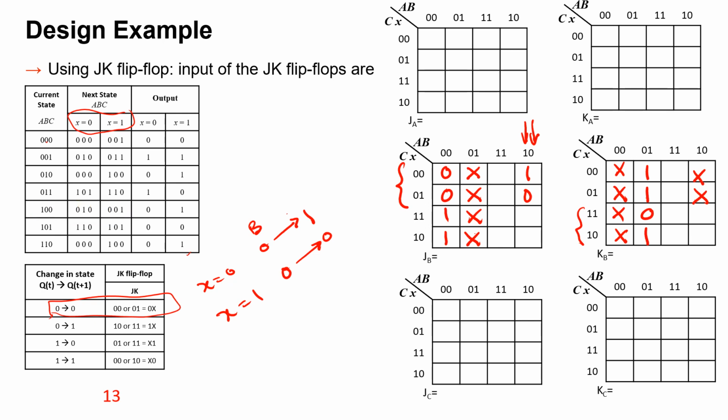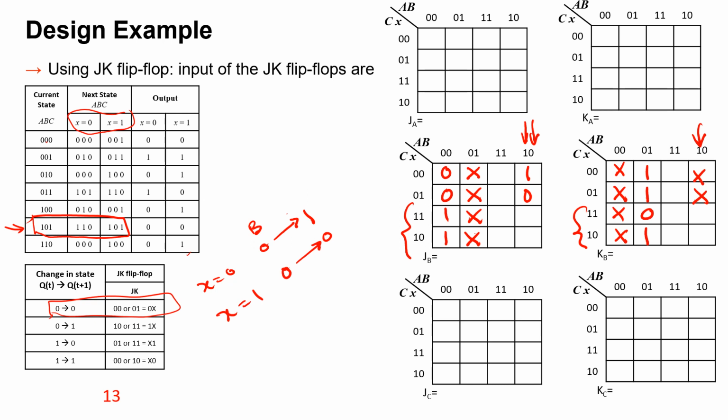And the other row, this one. Again, we have a combination of 1, 0, 1, so we are talking about these two rows based on C equal to 1. So the transition is from 0 to 1 and 0, 0.